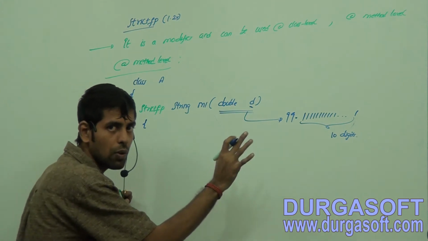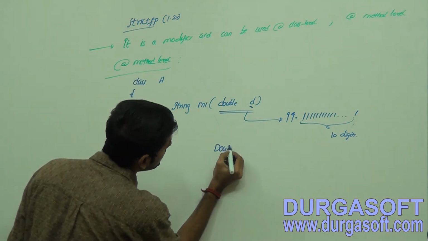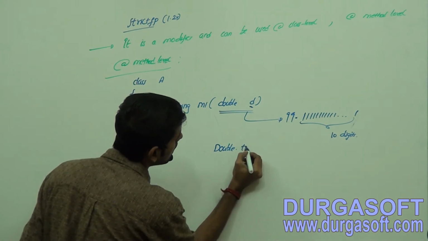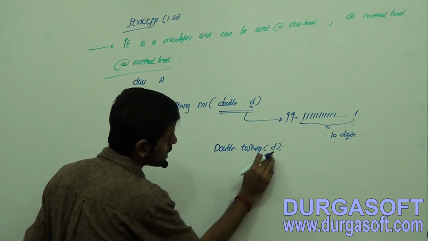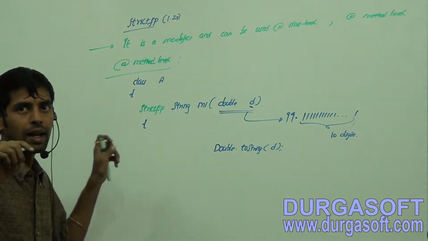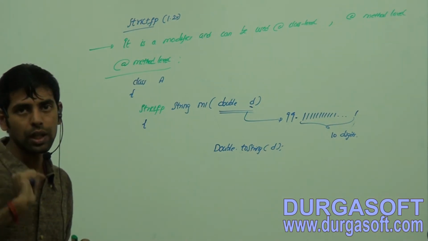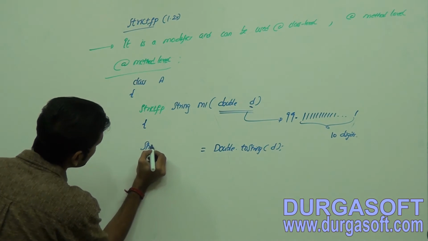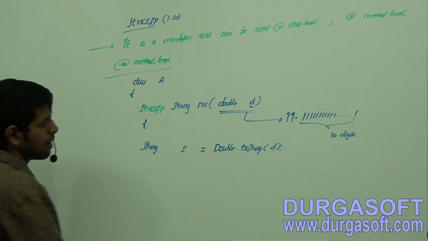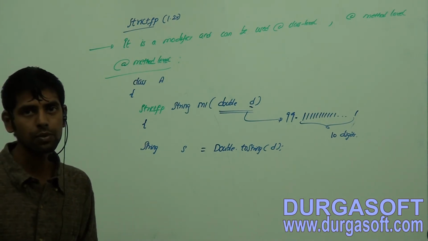Simple: Double.toString. It always expects a primitive literal as an argument, and its return type is a String. Let me hold that in a String literal. Okay, we have done with this.